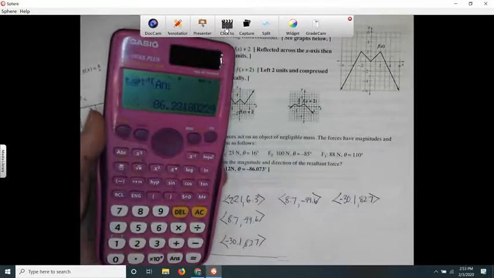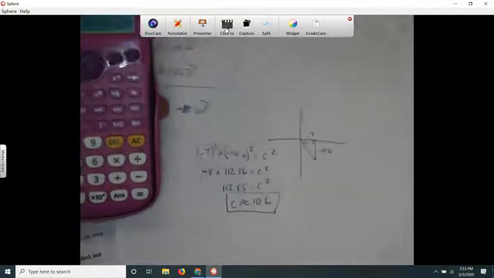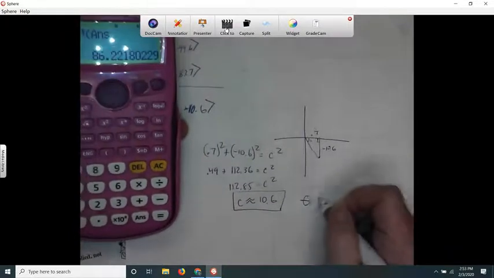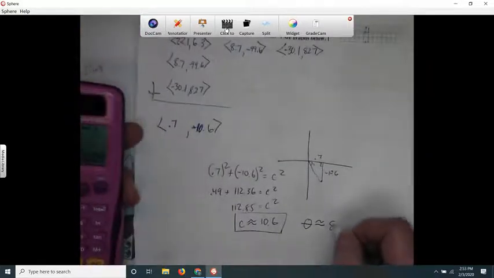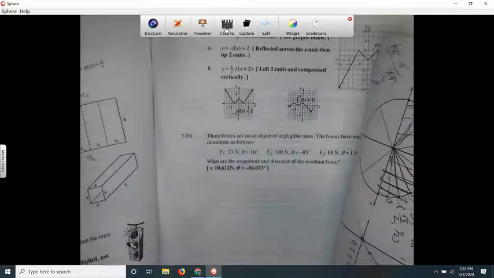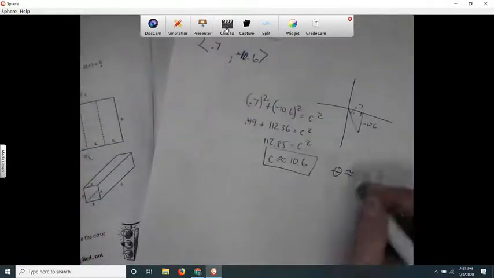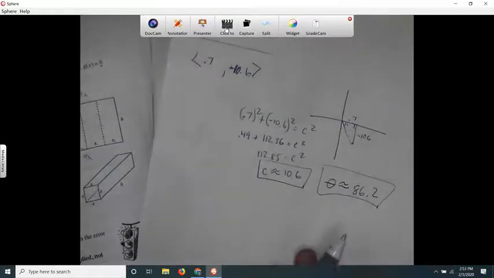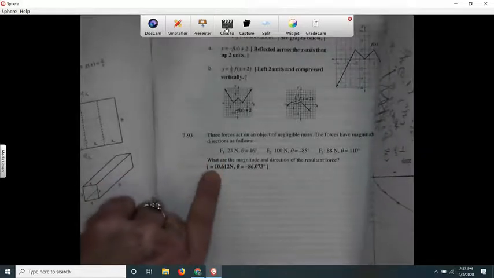I know mine's a little off, and that's because of the wild rounding that I did, okay? But don't worry, we did it right. I did some pretty drastic rounding. I had 86.2-ish. Okay, so that's my answer. And then I want to write it the way that they write it, as the magnitude and direction.